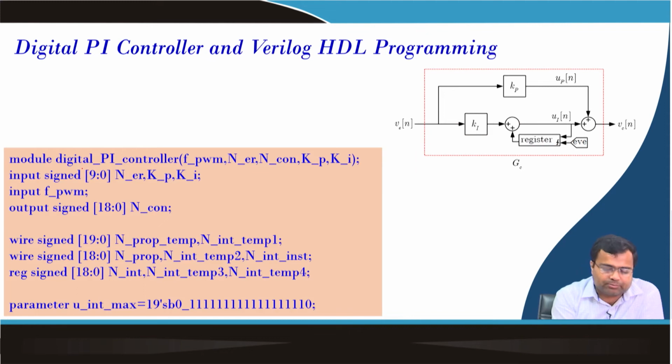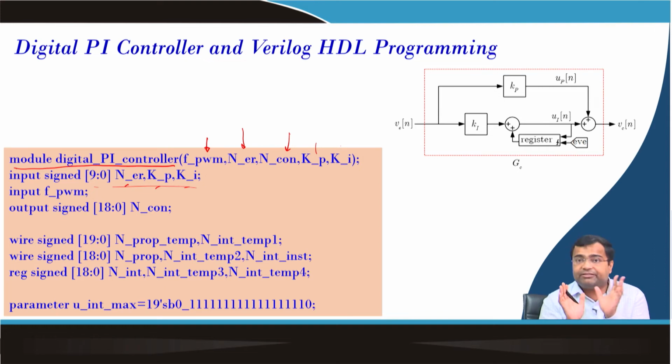So, this is the module name, digital PI controller. Here we need a switching frequency clock, because we need to compute the integral with respect to the clock synchronism. Error signal it is taking, then controller output, then Kp, Ki, and the inputs are signed NER, Kp, Ki, though they are all 10 bit signed, but they have different formats. So, what is NER?